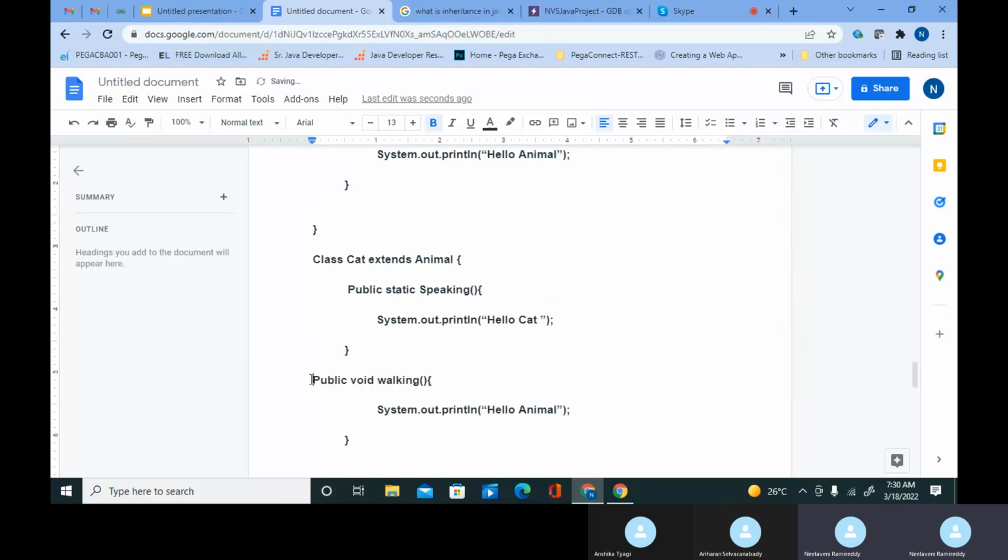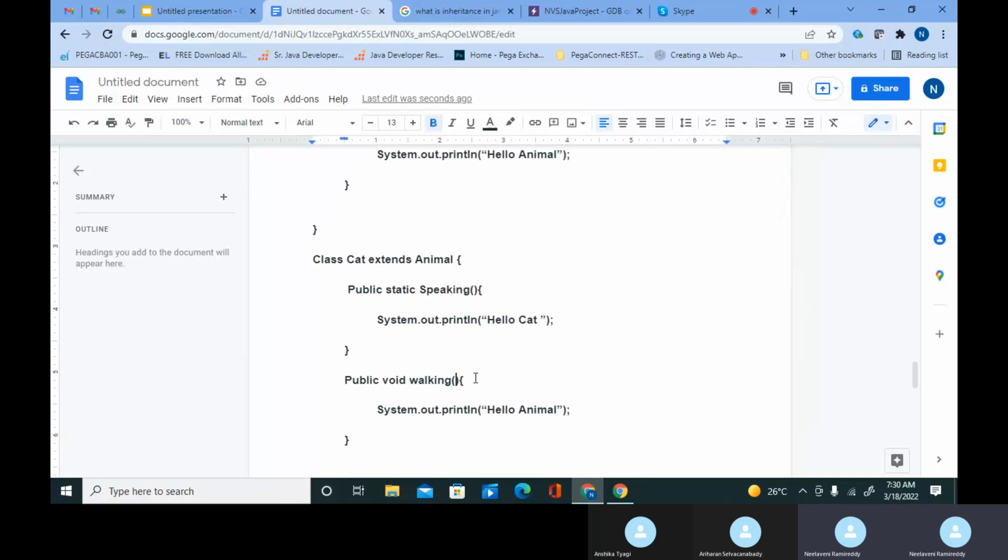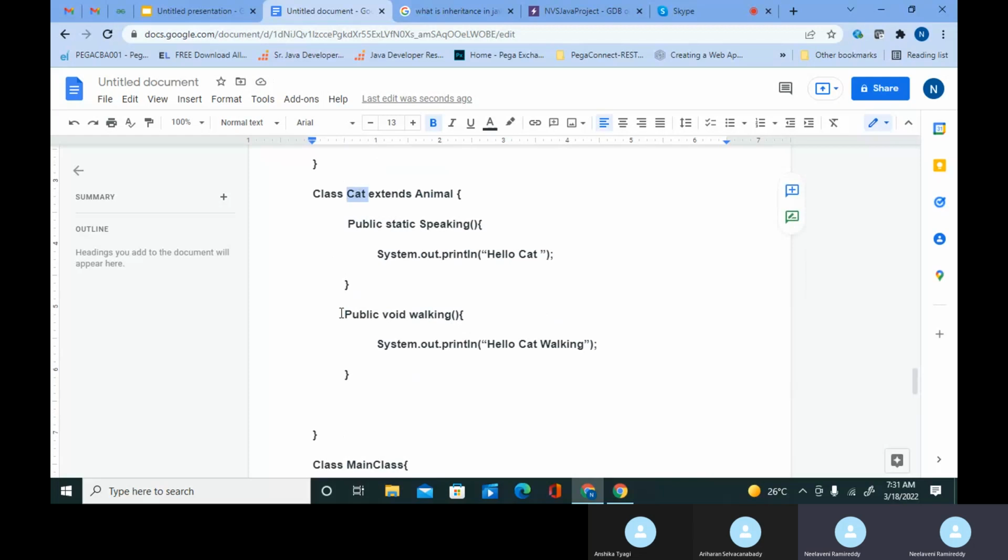Last time we saw polymorphism, right: the name of the function of the parent and the parameters, everything should be the same. In my cat class, I can override the walking method of the parent, animal.